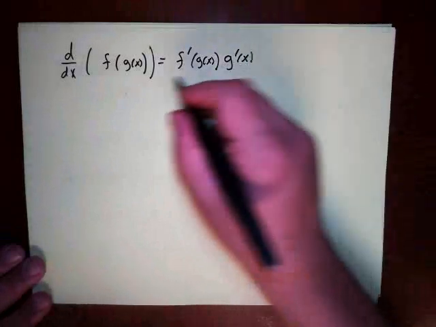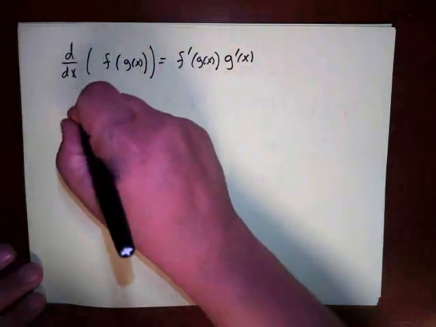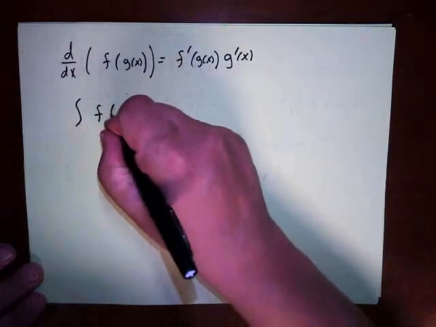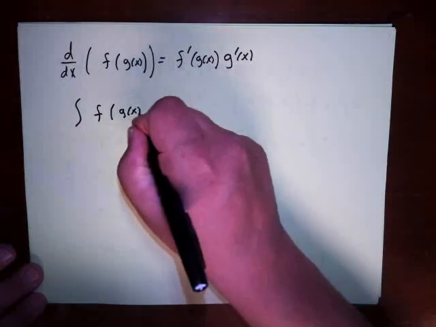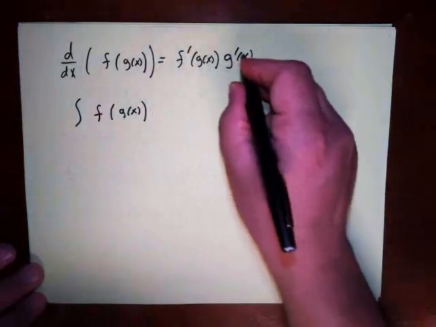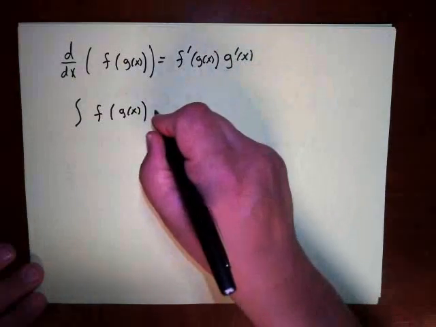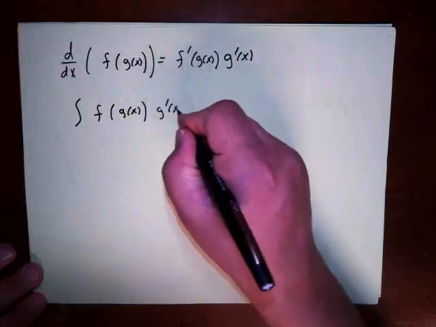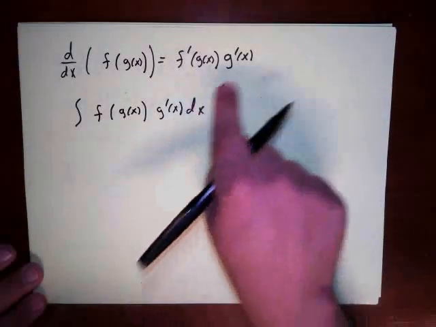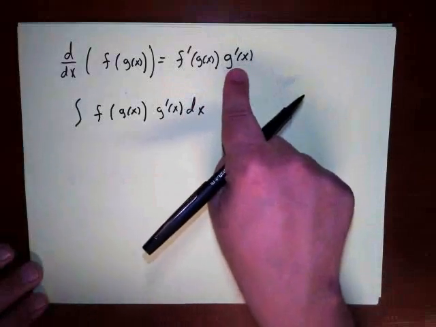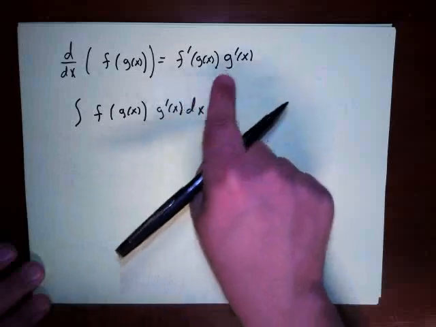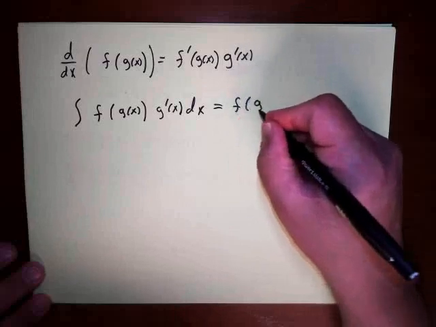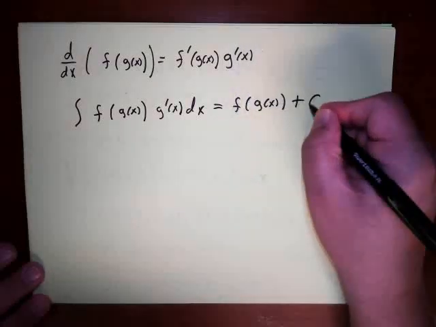Okay? And so what I just showed you here is if you have some function and you have another function inside it, if you have the derivative of the inside function hanging out on the outside, or even if it's different by only a constant multiple, then what you can do is reverse the chain rule, and you would get this.